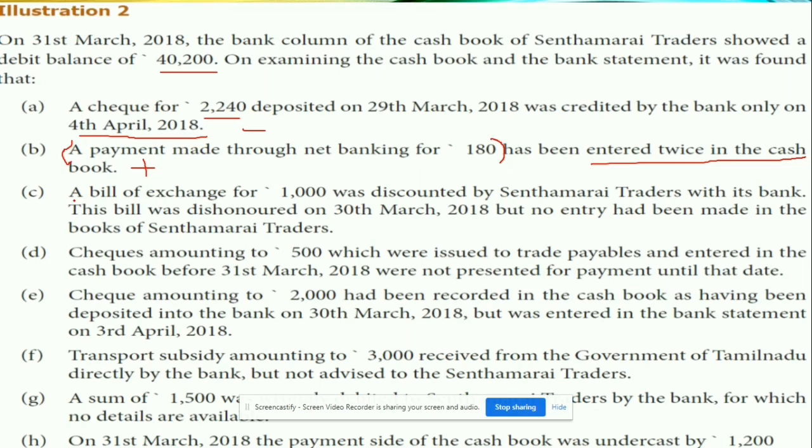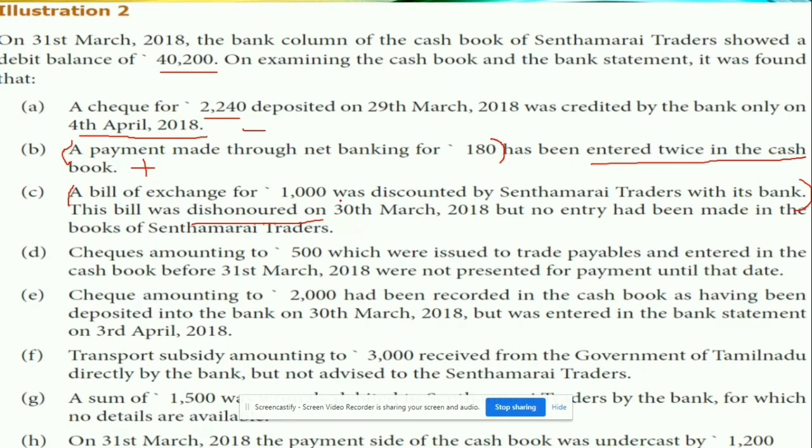And next one, a bill of exchange for 1,000. The first line is enough. A bill of exchange for 1,000 was dishonored by Sendamari Traders' bank. I mean, he has pledged a bill with the bank, but this bill was dishonored. Dishonored in the sense he has not received the money.